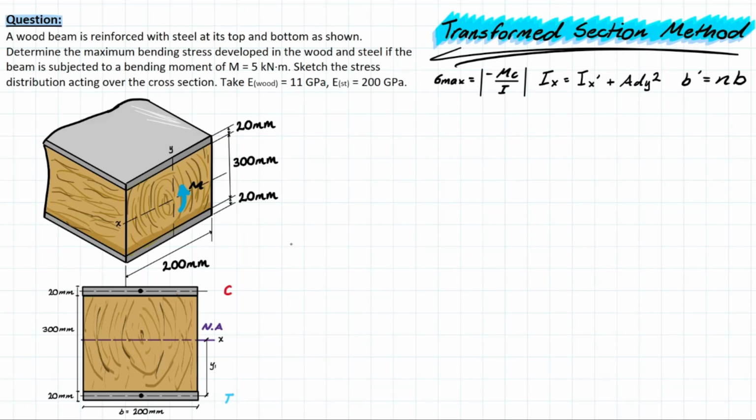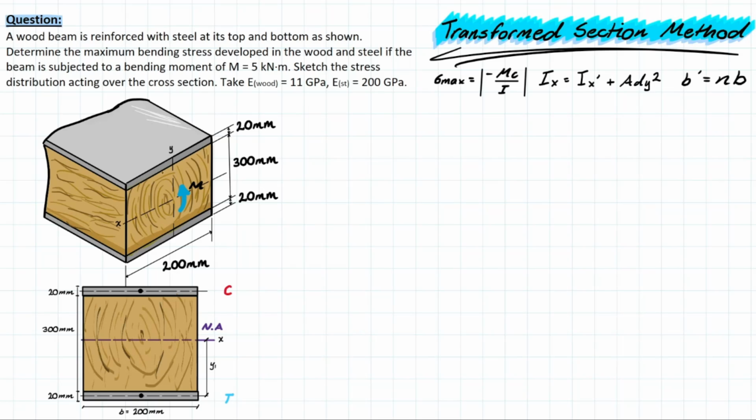For sections made up of different simple shapes, such as an I-beam that has two rectangular flanges and a web, we can use the parallel axis theorem to determine the global moment of inertia for the entire section. But what happens when the section is now made up of different materials?